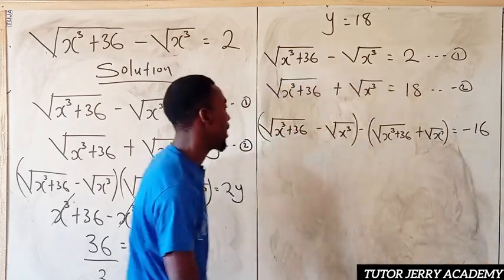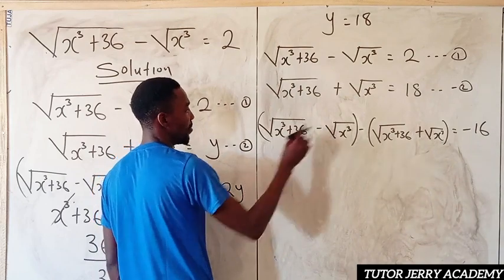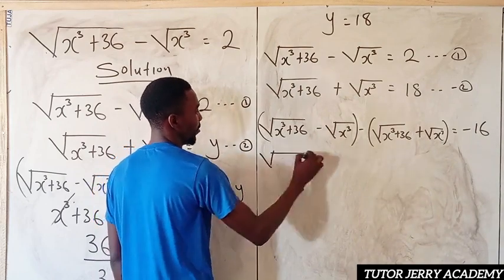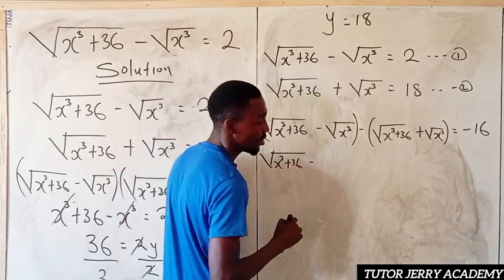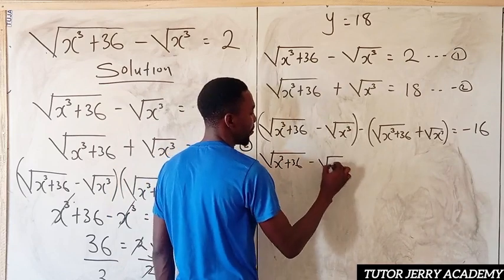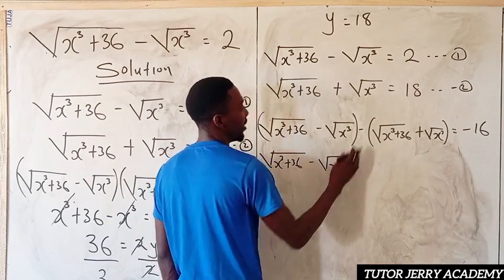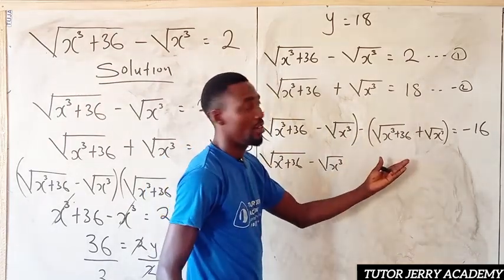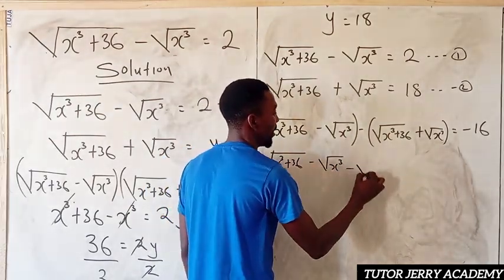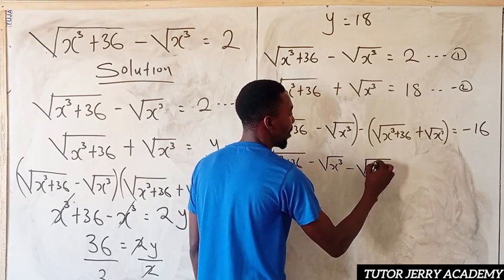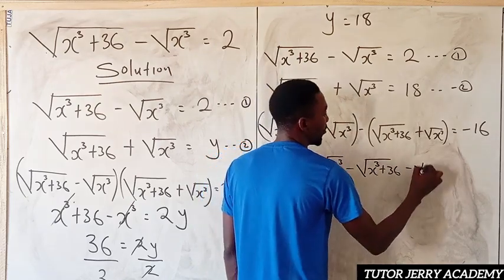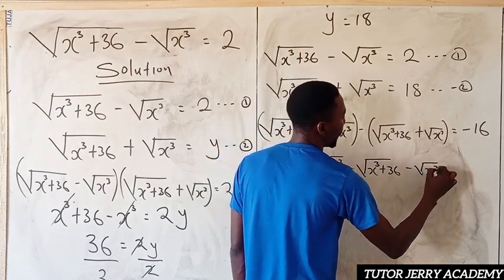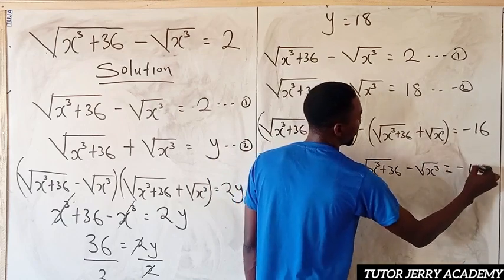If you clear the bracket now, we are going to have the square root of s to the power of 3 plus 36 minus the square root of s to the power of 3, then minus times this gives minus the square root of s to the power of 3 plus 36, minus the square root of s to the power of 3, equals negative 16.